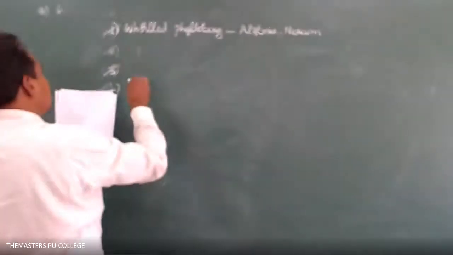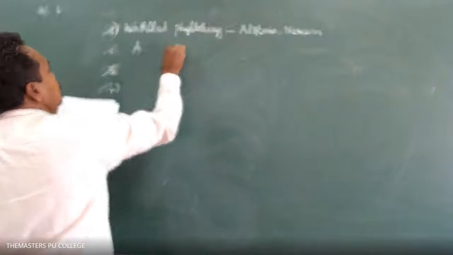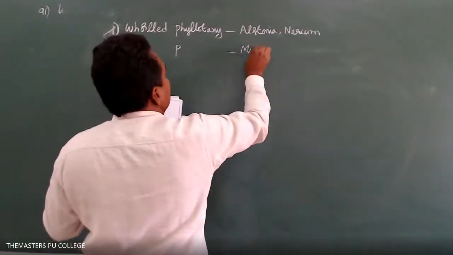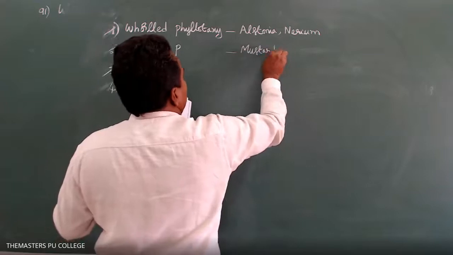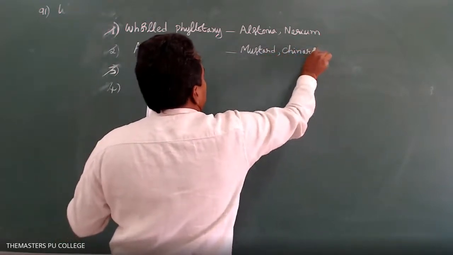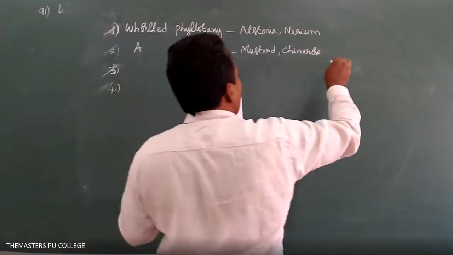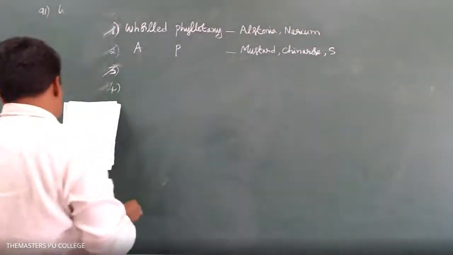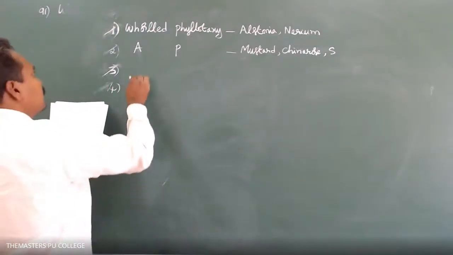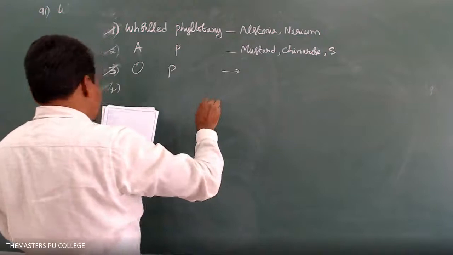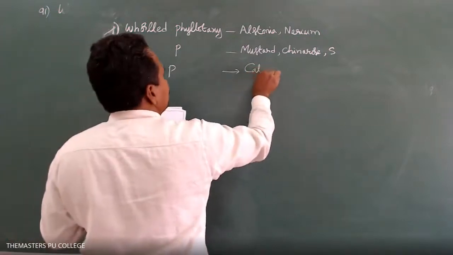Option 2 is alternate phyllotaxy: mustard, China rose, sunflower. Third option, opposite phyllotaxy: Calotropis.